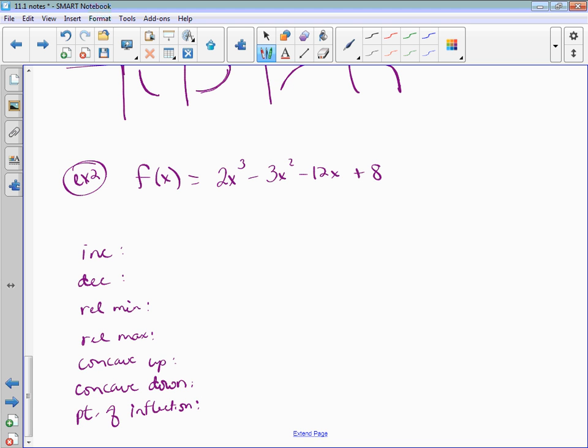Because it's a min or max of the original, right? So this is increasing to decreasing, increasing to decreasing. But if you plug in negative one and zero, it's going to take a y value.